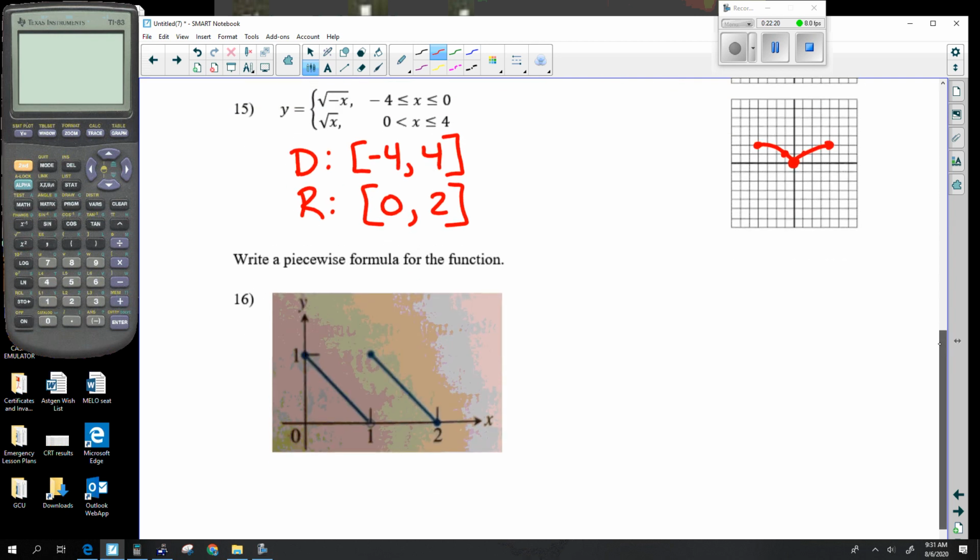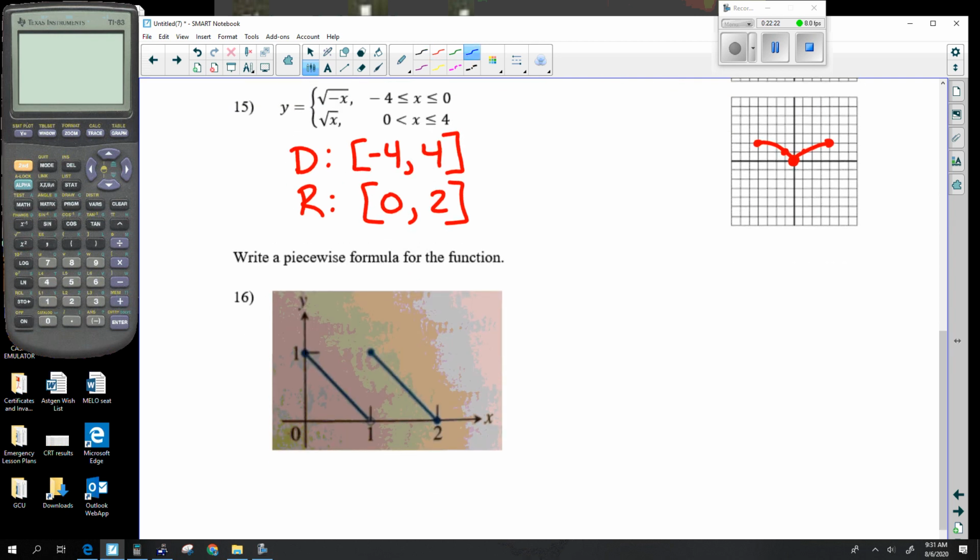Okay, write a piecewise function. What they mean is they want you to write something like number 15. All right, so the equations of these lines, this first line right there, is y equals -1x plus 1. So it has a y-intercept of 1 and a slope of -1. Don't worry about the starts and stops, but that's the equation of that line.